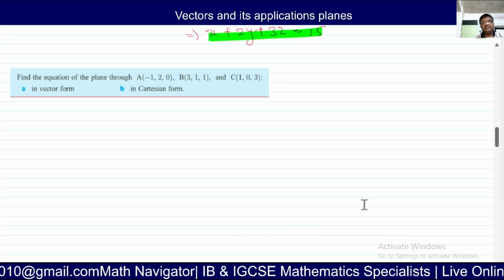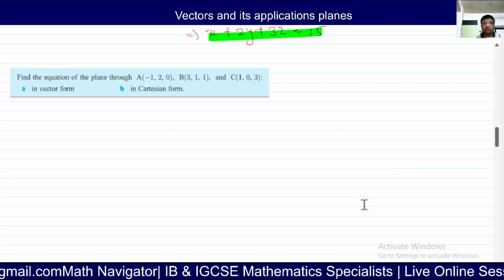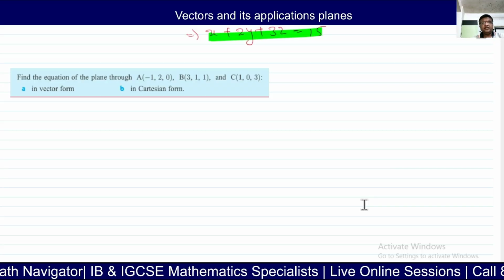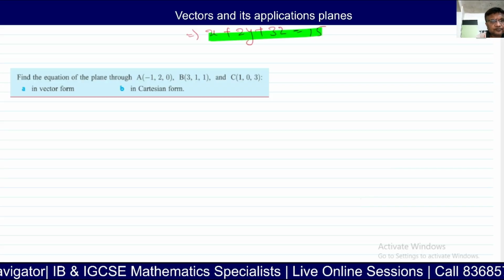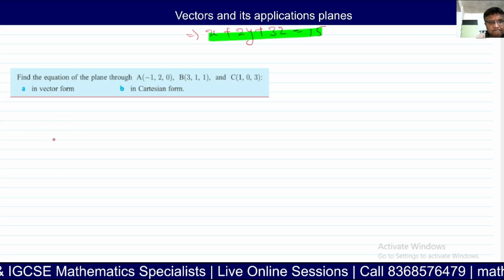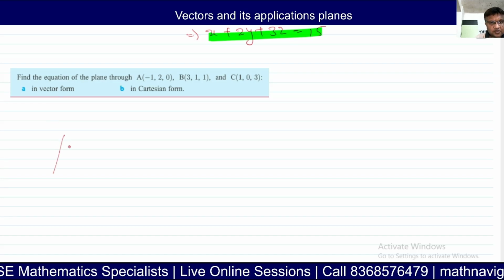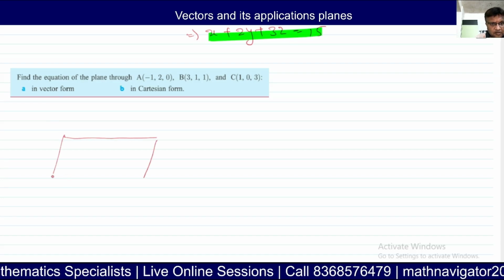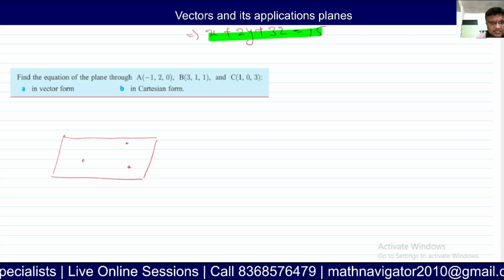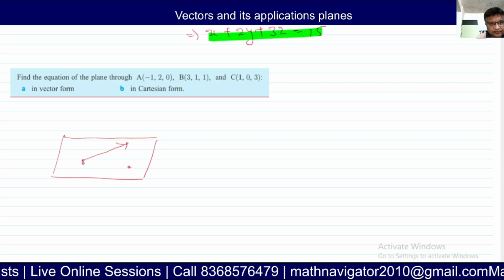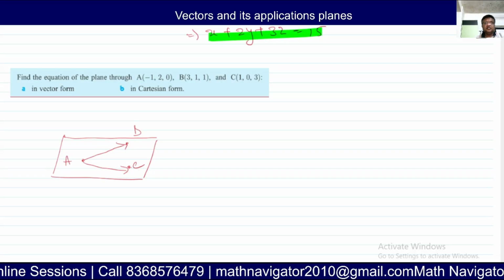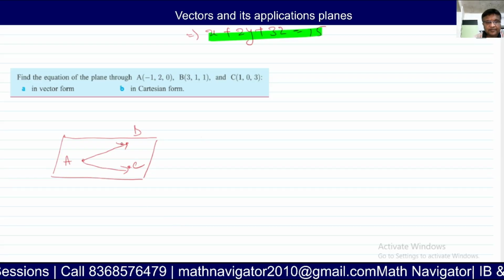So I have to find the equation of the plane through A, B, C in vector form and Cartesian, right? So what we need to do in this case is, let's take these points as A, B, and C. First I'm making the vector equation.